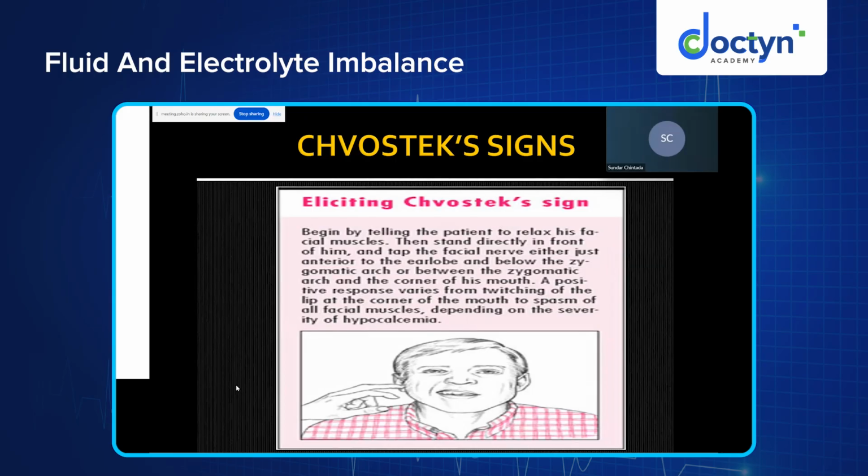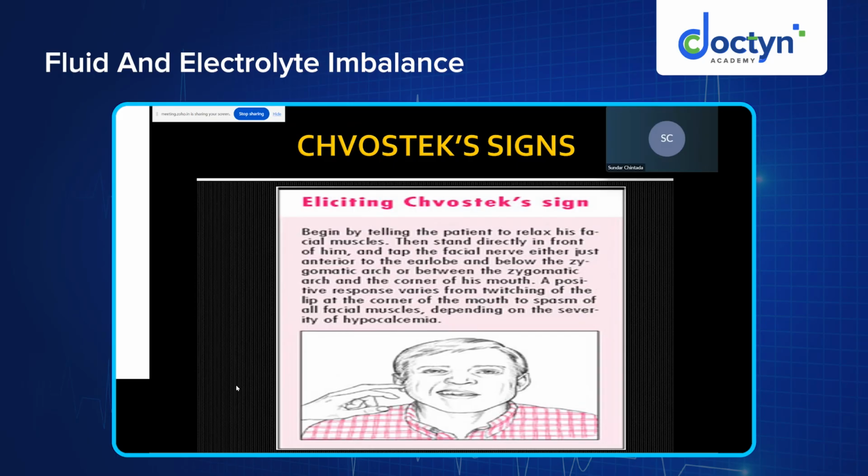So you tell the patient to relax his facial muscles, to stay calm. Then you stand in front of the patient and tap the facial nerve just anterior to the earlobe, below the zygomatic arch, and near the corner of the mouth. So basically, in front of the earlobe is the zygomatic arch, and this is the corner of the mouth.